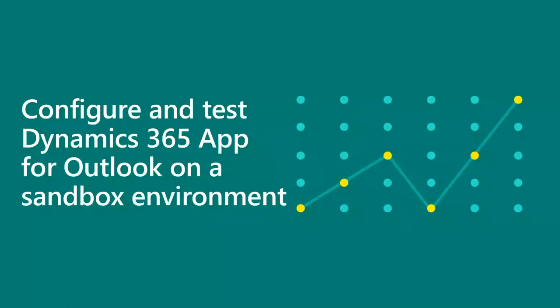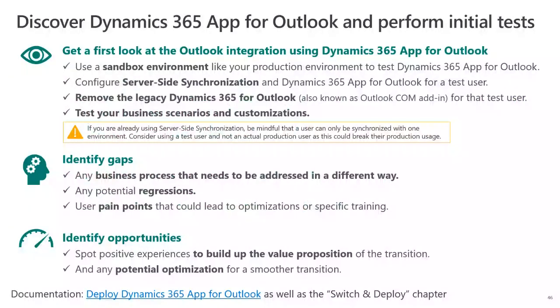Once that's done and you're ready to move on with your test, you should configure the app for Outlook on the sandbox environment. For that, you need to configure server-side synchronization and configure the app for Outlook for a test user. You should remove the legacy Dynamics 365 for Outlook command in for that test user and then test your business scenarios and customizations.